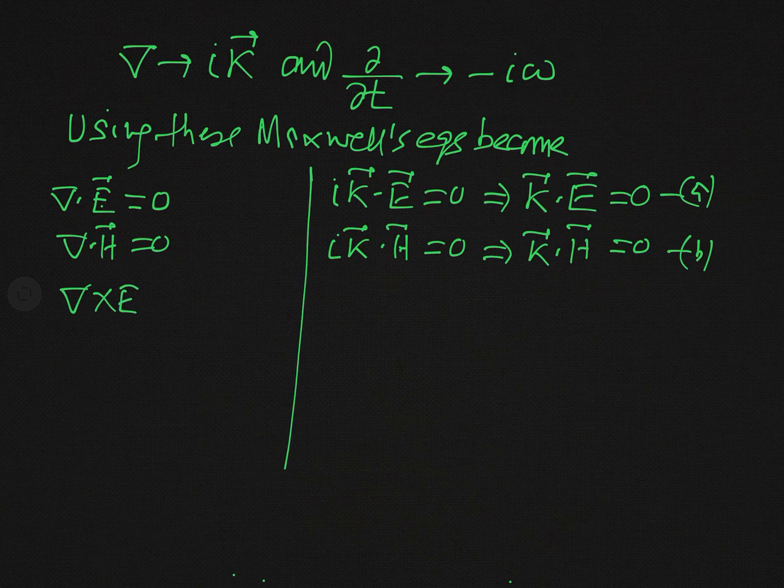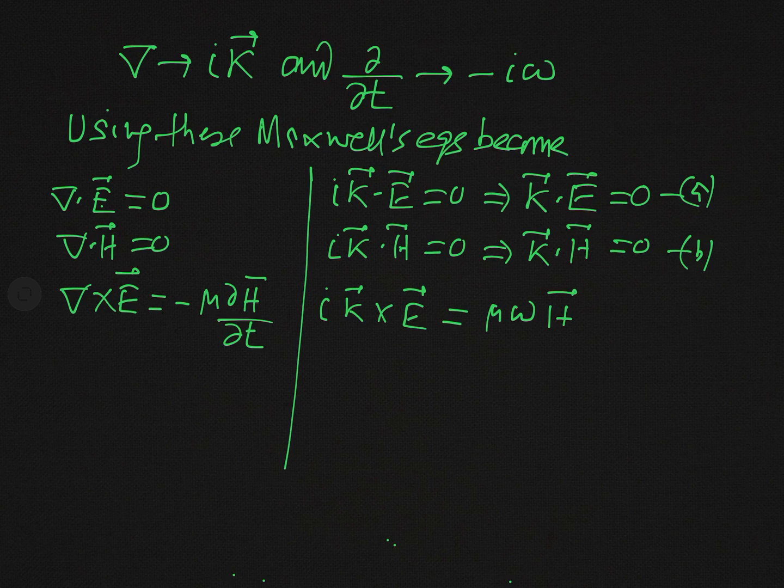The third equation is del cross E equal to minus mu del H by del T, and so from here this will be ik cross E, and this is equal to, since del T is minus i omega and minus is already present here, so minus will be cancelled out, and this will be mu omega H, and i will remain here.